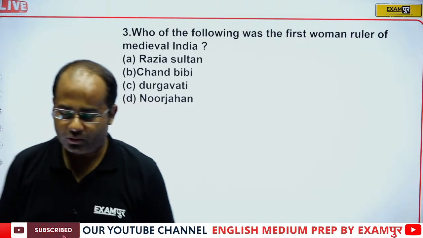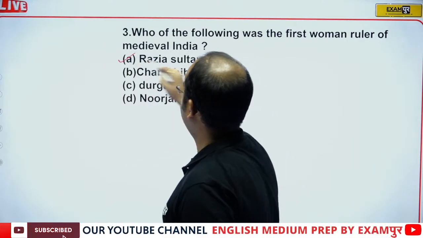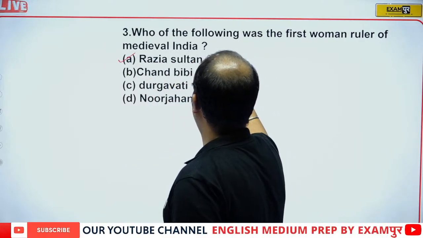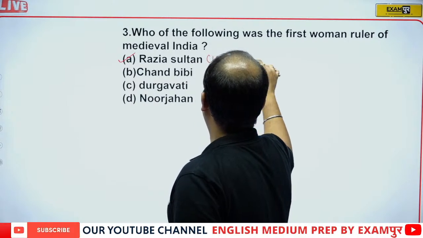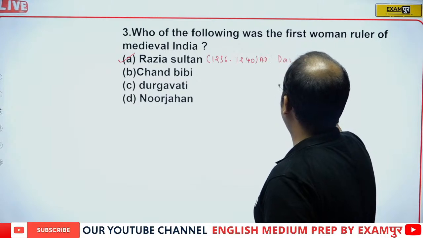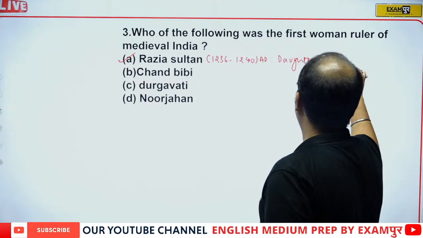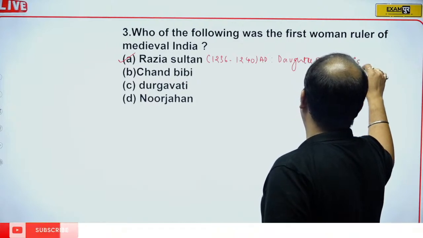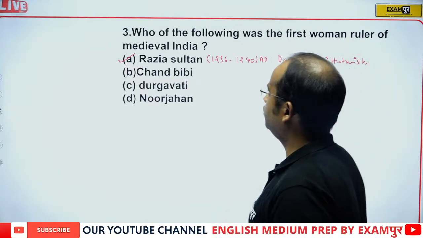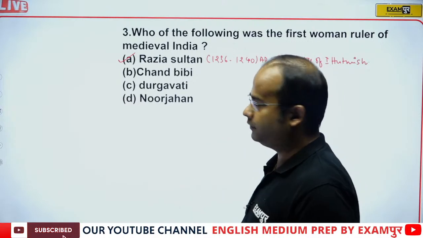Guys, the first woman ruler of medieval India was none other than Razia Sultan, and she ruled for a very brief period, 1236 to 1240 AD, and she was the daughter of Iltutmish. She was the one and only female Sultan of the Delhi Sultanate.